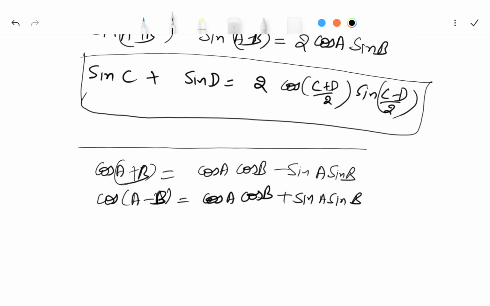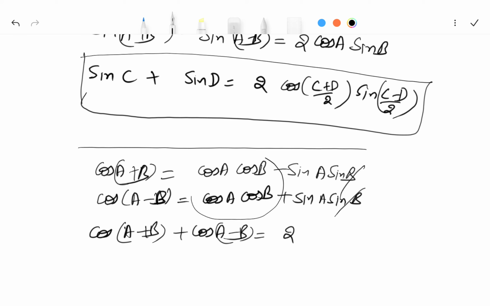Then what will I get? Cos(A plus B) plus cos(A minus B) is equal to 2. This portion will be cancelled out and this portion will be added, so 2 cos A cos B.